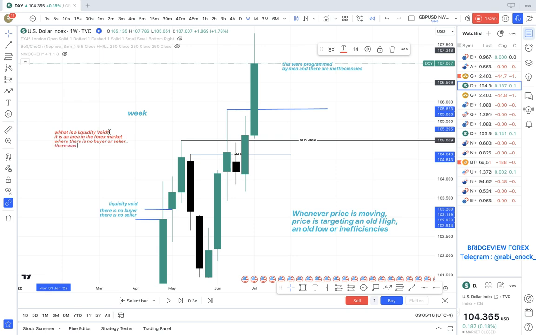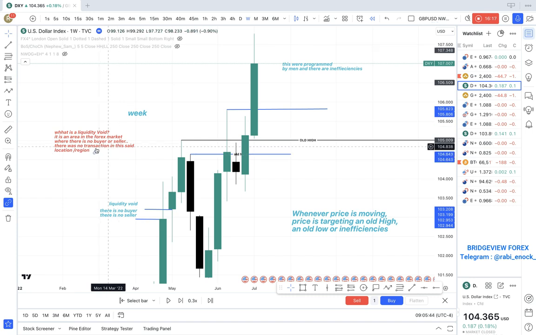There was no transaction in this said location, or region.